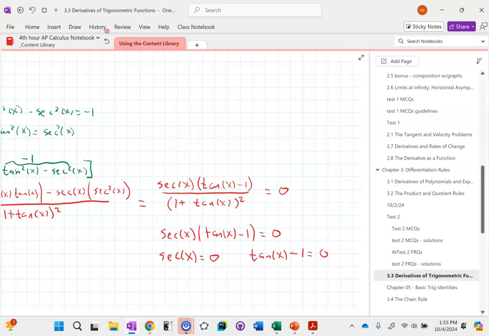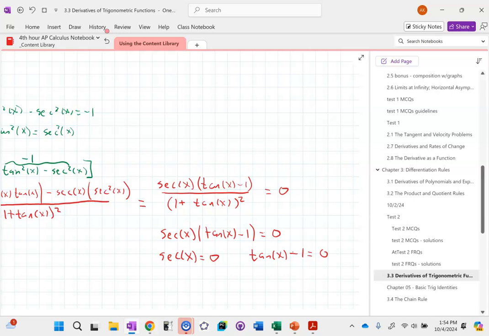What's the solution to secant x equal to 0? Does anybody remember how to do that? With no calculator. If you had a calculator, obviously, you could graph it and look for an intersection.